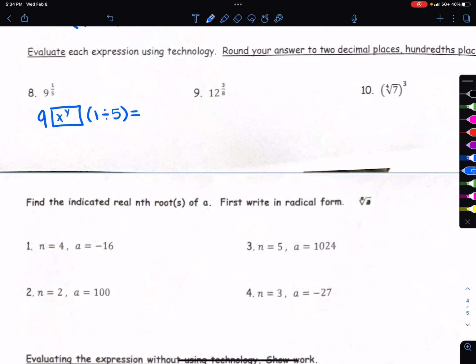Okay, so in the calculator, 9 XY parentheses 1 divided by 5, and you should get approximately, and I'm going to check it one more time before I say it. So let me do that one more time. Okay, I've got approximately 1.55.